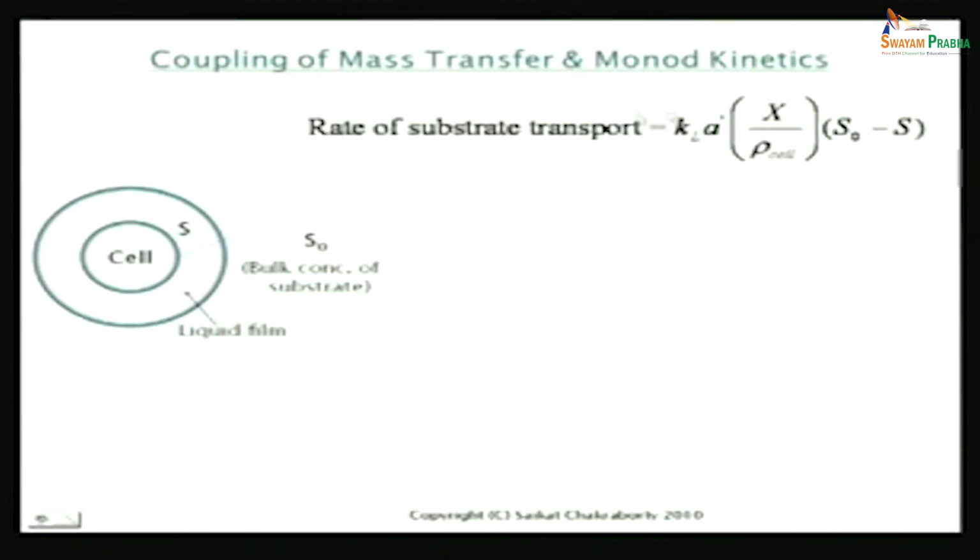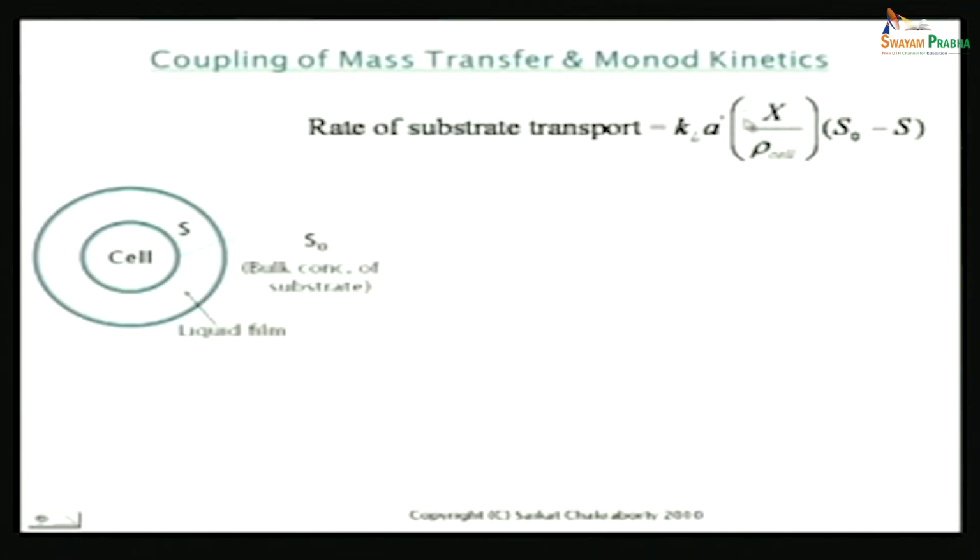So what we do is we simply use the concept of a mass transfer coefficient. What you see over here on the screen is KL times A prime times X over rho cell times (S0 minus S). Let me explain each little thing. KL is the mass transfer coefficient per unit area, times this area A prime. And X over rho cell is the volumetric increase of the cell: X is by weight, and you divide by the density, so you get the volume of the cell.